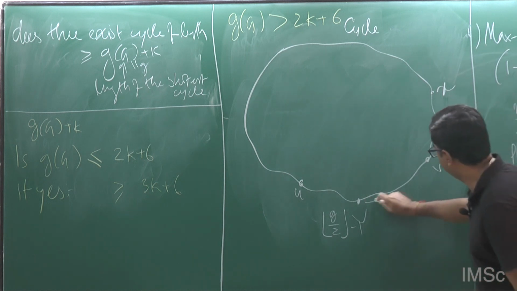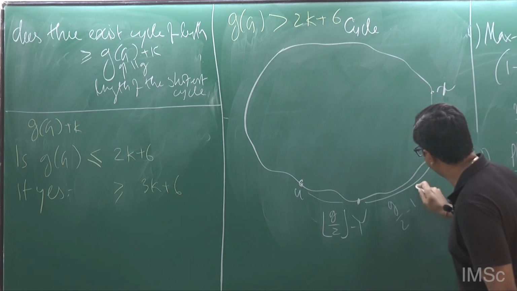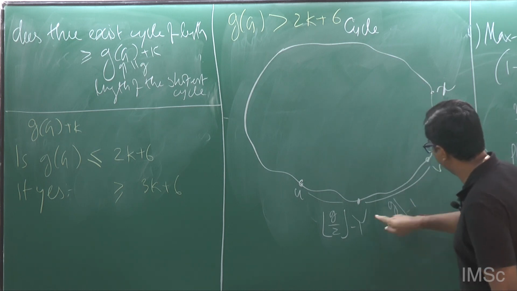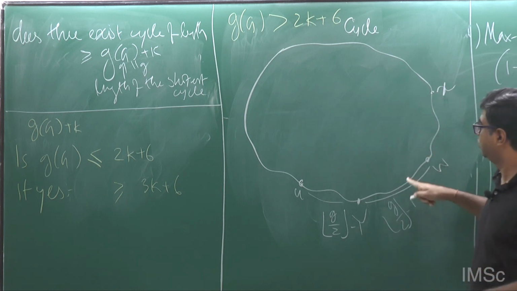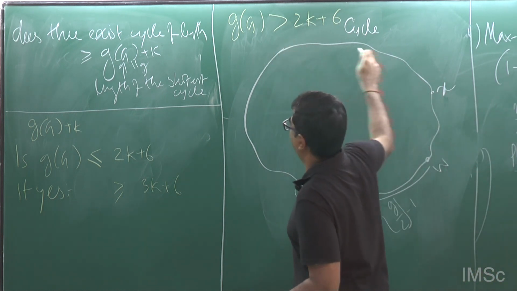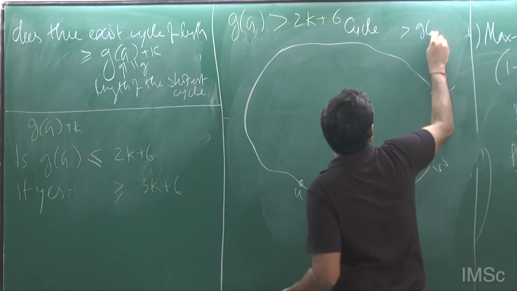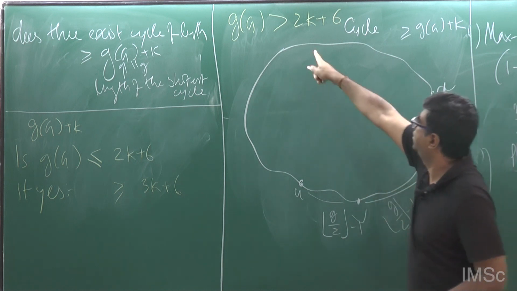Okay? What is w? Another g by 2 minus 1 vertex. Starting from v, w is another g by 2 minus 1 vertex. Because look, this is a cycle of length at least g plus k, where the girth is large enough.